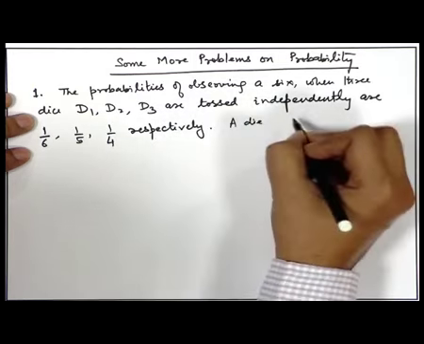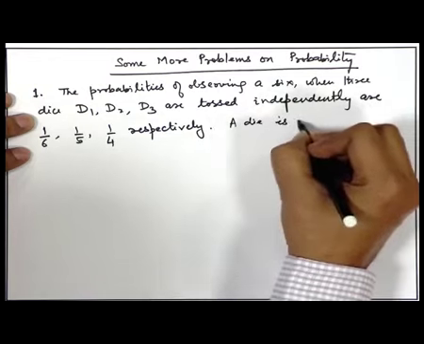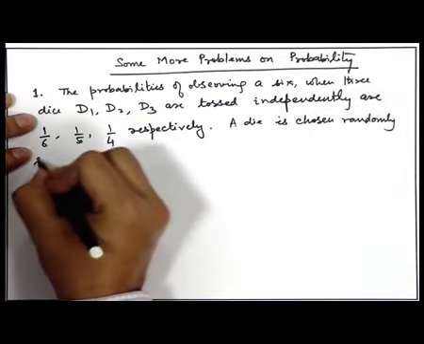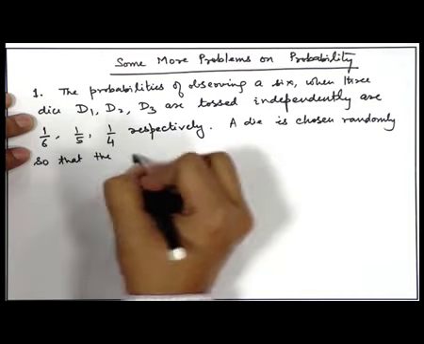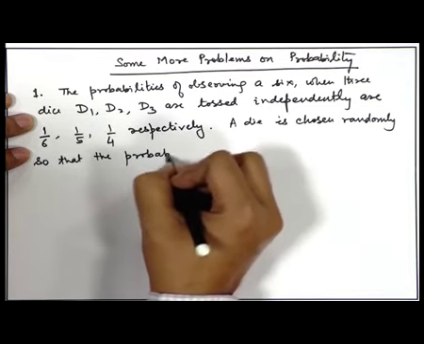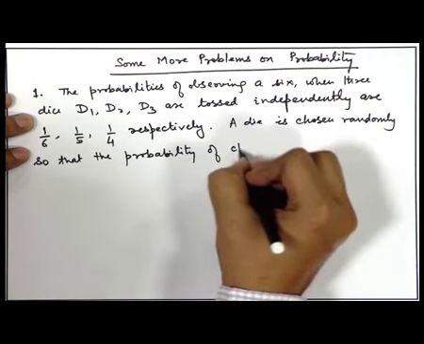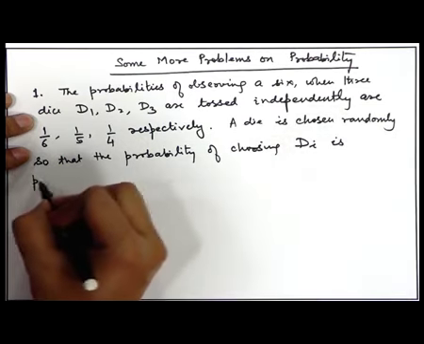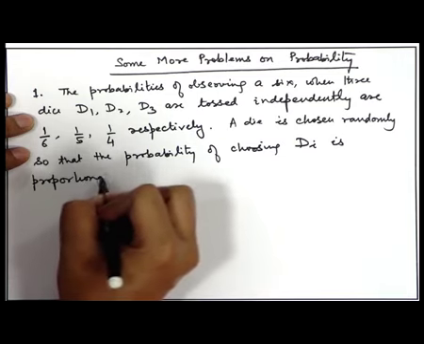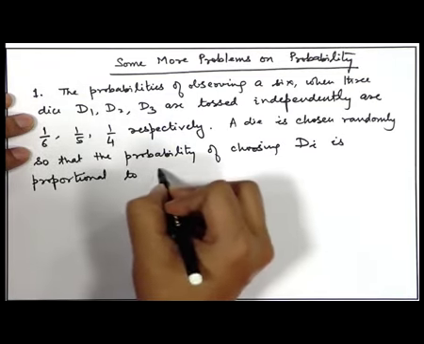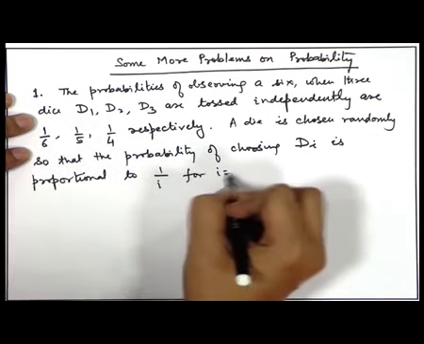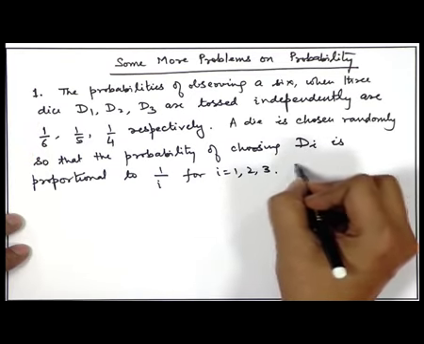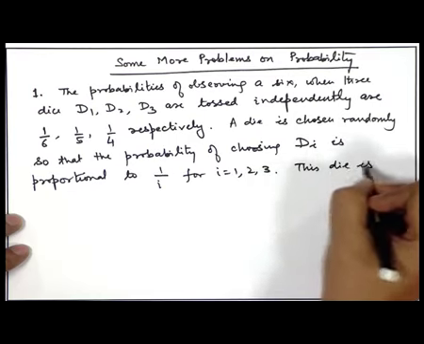So, that means out of D1, D2, D3 is chosen randomly so that the probability of choosing Di is proportional to 1 by I for I is equal to 1, 2, 3. This die is tossed.